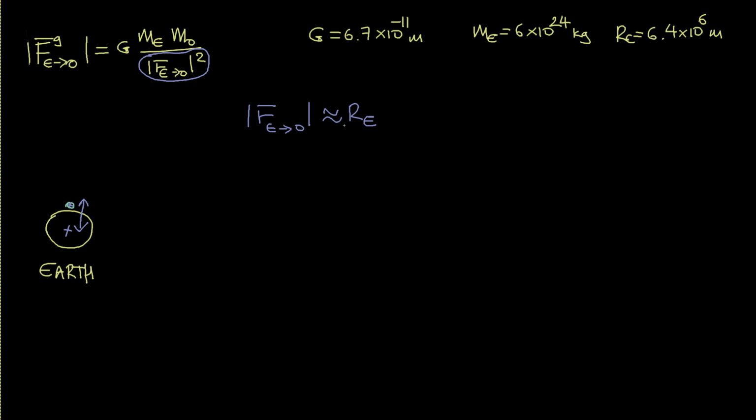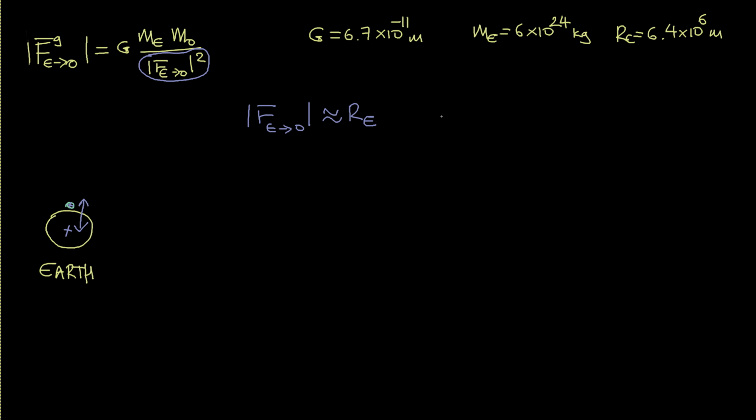Well, it is always equal to that only when you're on the surface, only when you're on the ground. But the important thing is that even if you're 5 meters away from the ground, it does not change really the distance from the center to where you are. The radius of the Earth is 6.4 times 10 to the 6th meters. Whether you add 50 meters or 100 meters does not really alter significantly this distance.